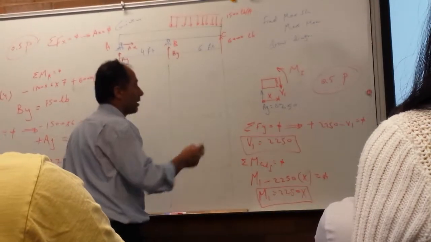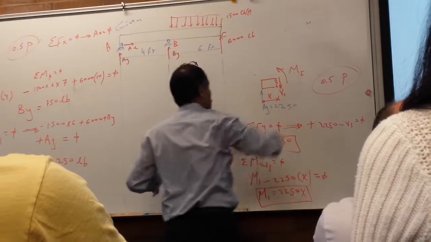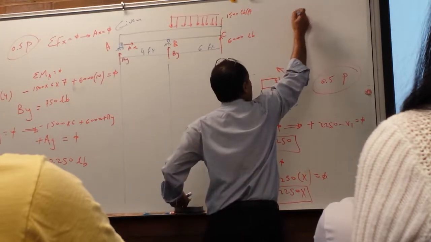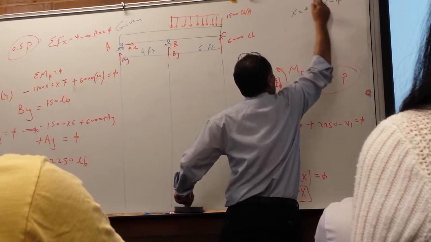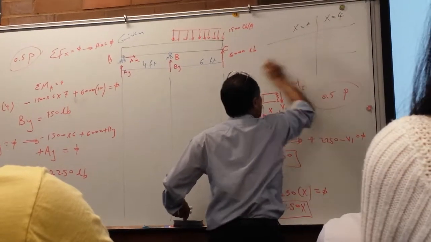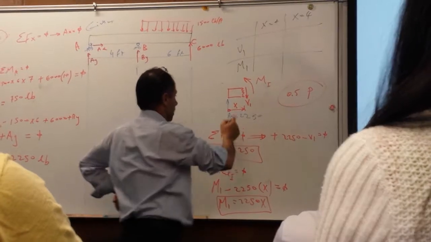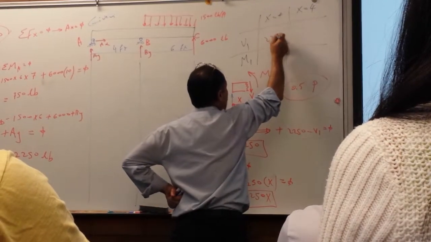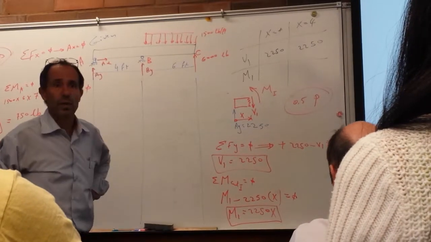From here, I will put a small table up here to finish this. Small table: X equals 0 and X equals 4. V1 and M1. V1 is 2,250 at both. There is no X, nothing to deal with, correct?